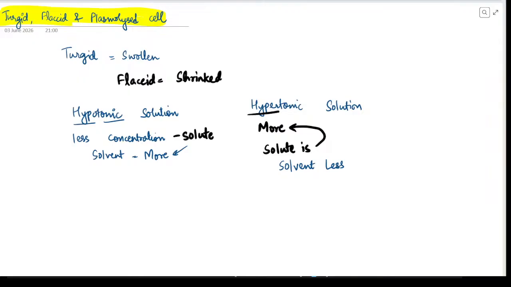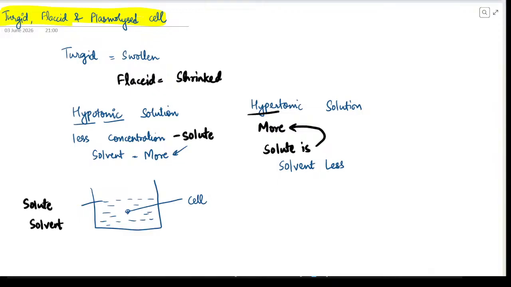Now as such, you cannot call any solution hypo or hypertonic. You need to talk about the cell that is in it. Suppose I have taken a container and in that container I have taken a cell. Inside this cell, the concentration of solute and solvent will be opposite to that of the solution. Here I am mentioning the concentration of solute and solvent in the solution because the solution is hypotonic.